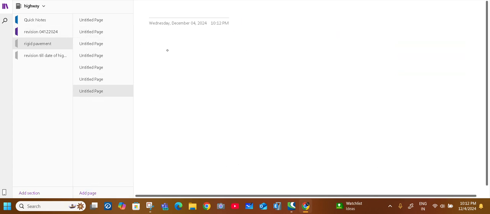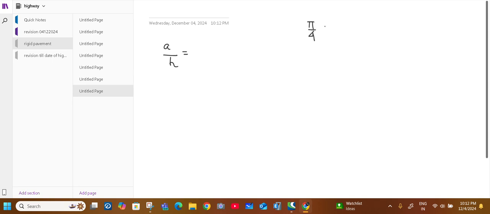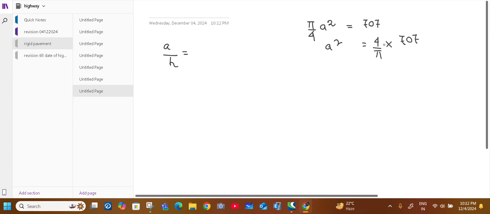So a by h: suppose in a problem, a is equal to contact area, that means pi by 4 into a square is equal to 707, a square is equal to 4 by pi into 707, a is equal to 2 by root pi into root 707, which is 15 centimeter.